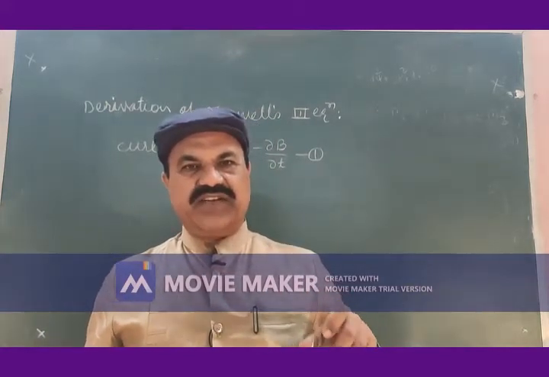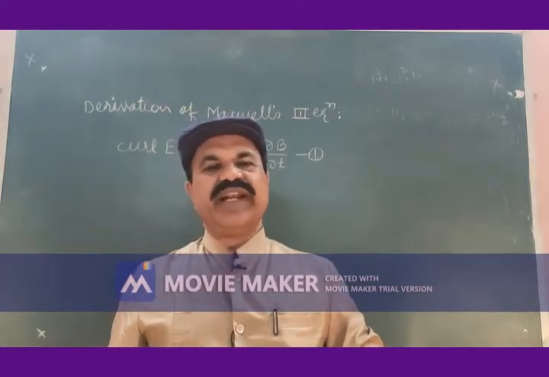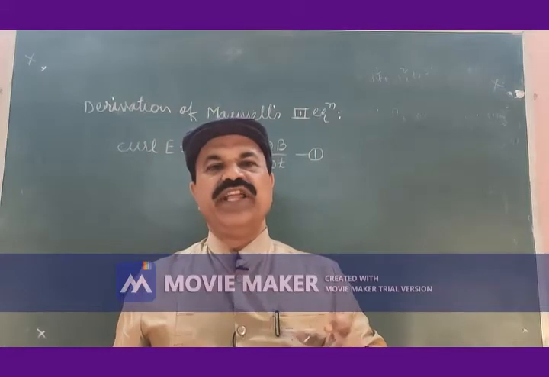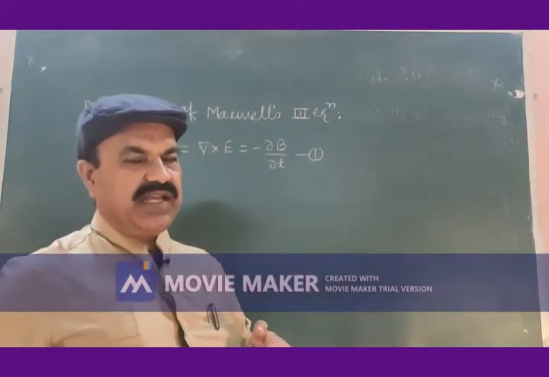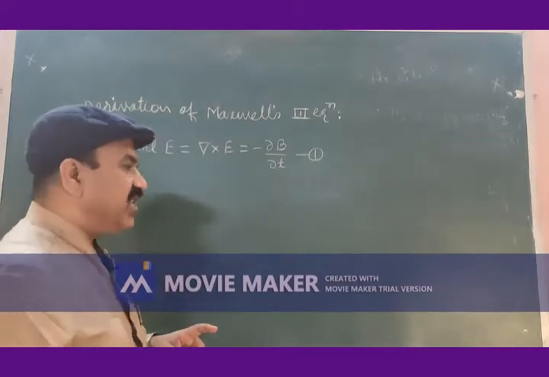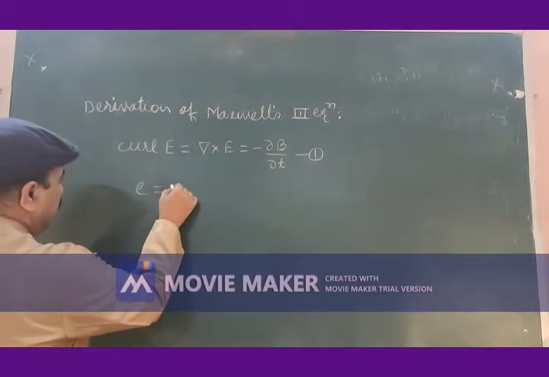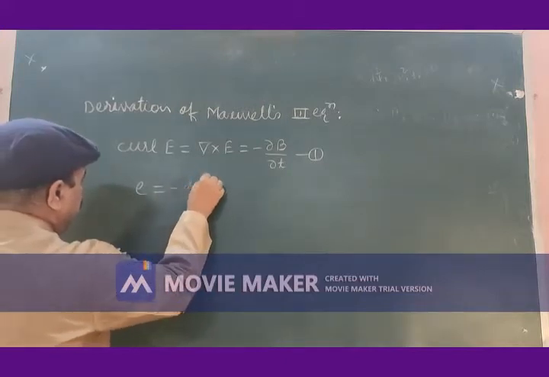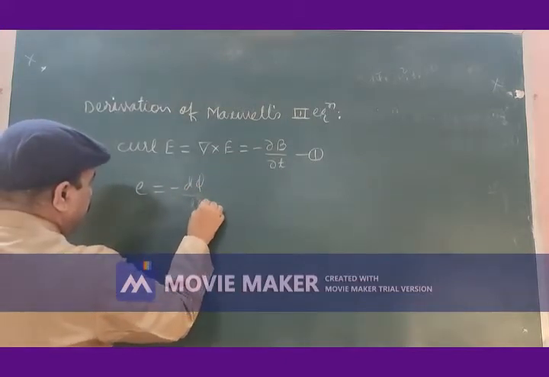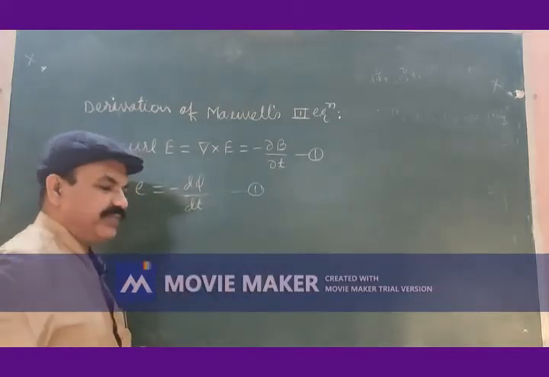According to Faraday's law, the induced EMF E is given by minus d phi by dt, equation number 1.